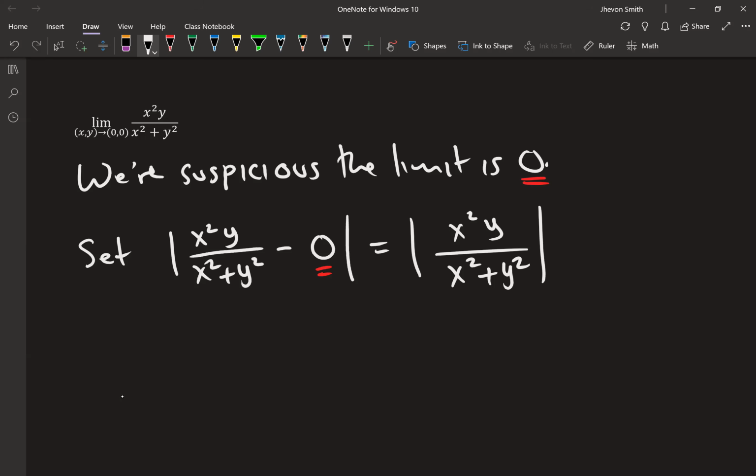How can I get something bigger? Anyone? Right, you can make the denominator smaller. That's one way to get something bigger. Can you tell me a convenient way to make the denominator smaller?